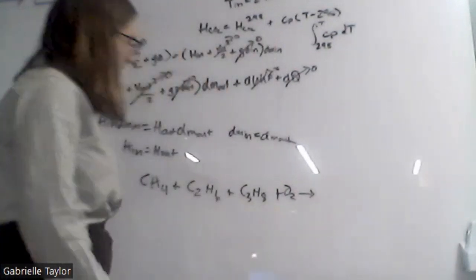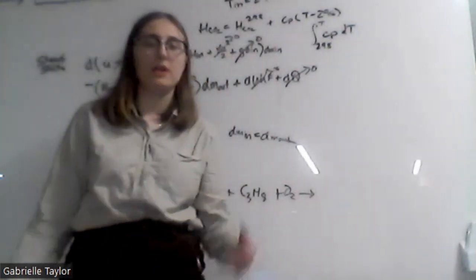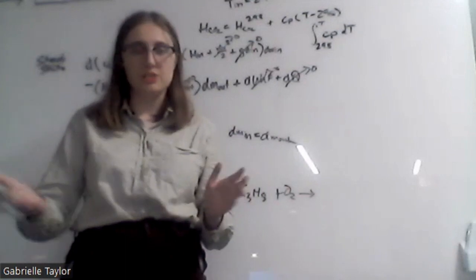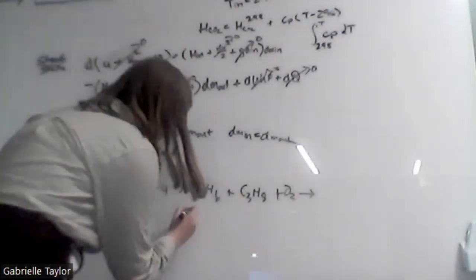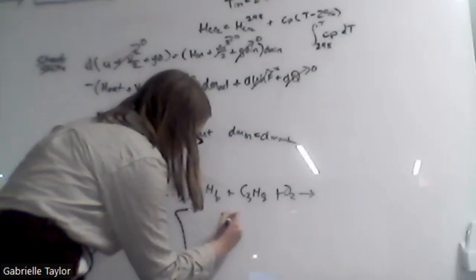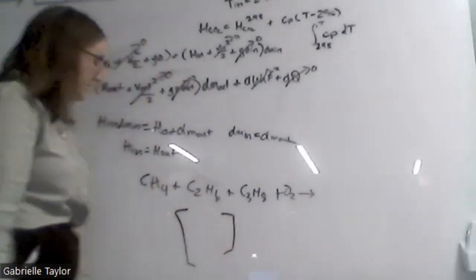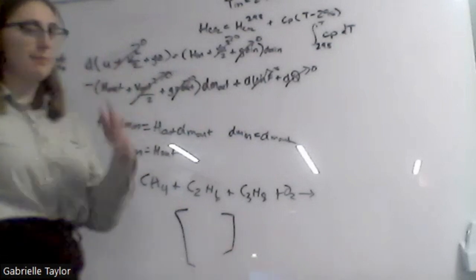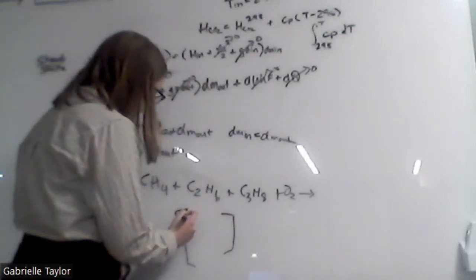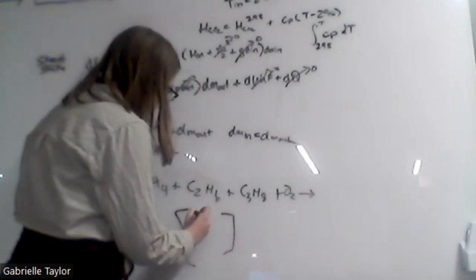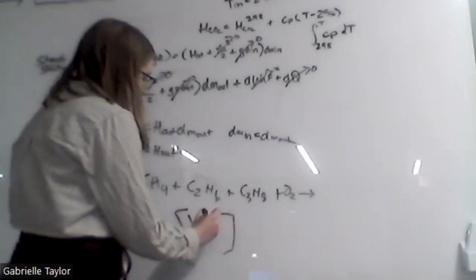So to figure out the ratio between the carbons and the hydrogens, we can do a matrix. Our matrix is going to have carbon on the top and hydrogens on the bottom. So the carbon of methane is 1, carbon of ethane is 2, and carbon of propane is 3.